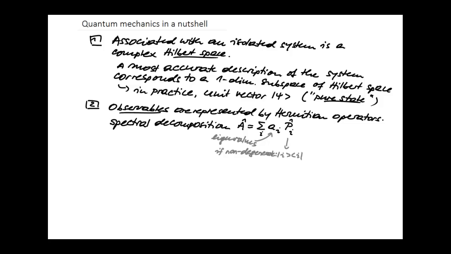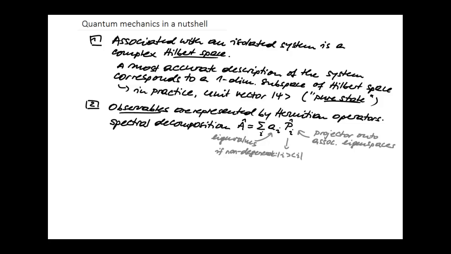And what I wrote with the projection operator is a generalization for the case that some of the eigenvalues might be degenerate, because then you have associated with an eigenvalue not just one eigenvector, but an eigenspace. If this eigenvalue is degenerate, then you might have a 2 or 3 or higher dimensional eigenspace associated with that. Yeah?